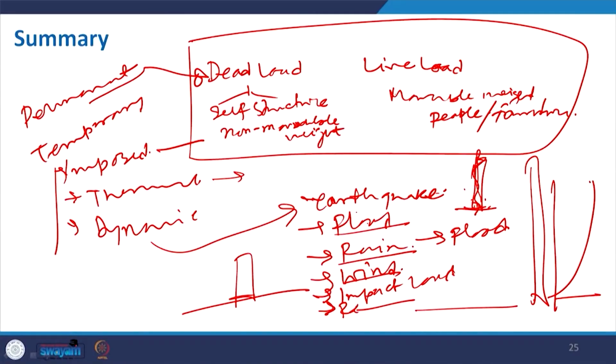In order to make your structure earthquake resistant, what type of structure is good and so on. The challenge is to make the structure stable against all these loads, without compromising the purpose for which the building was designed.